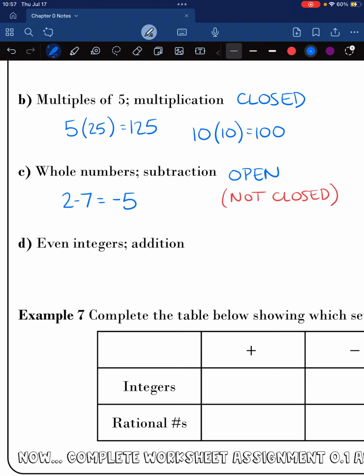So even if we ended up with 0 under addition, like 2 plus -2, because with even integers we can use negatives, that equals 0. 0 is, and you can Google it if you don't believe me, an even number. So I can't think of any time it would ever be odd. So this is closed.